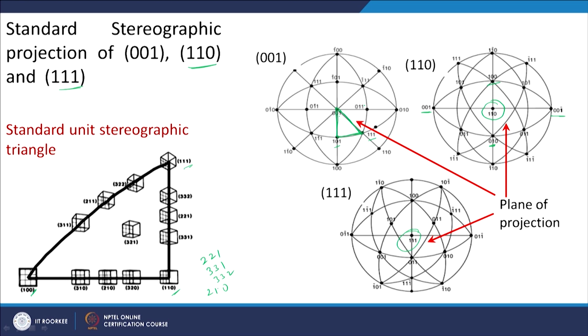So, you can depict the whole thing in one standard triangle also, instead of showing it in the complete stereographic projection space. With this, I hope you have got some understanding of using stereographic projection.